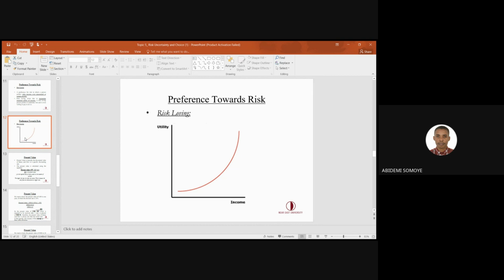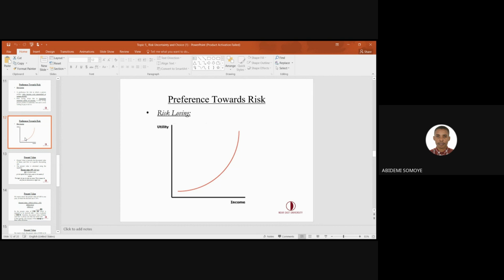Future value divided by 1 plus R, raised to power n.